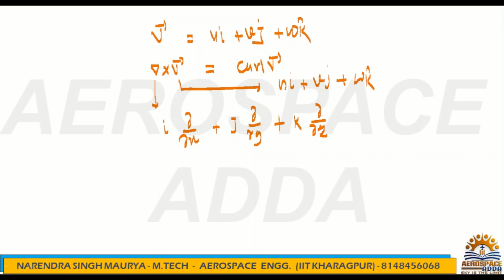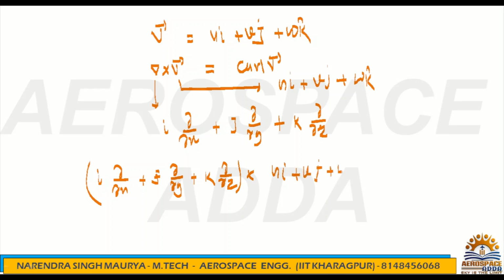So if I tell you to solve the curl v, basically this is nothing but the cross product of i dou by dou x plus j dou by dou y plus k dou by dou z, cross product with v, which is ui plus vj plus wk. If I tell you to solve this cross product, what will be the value?